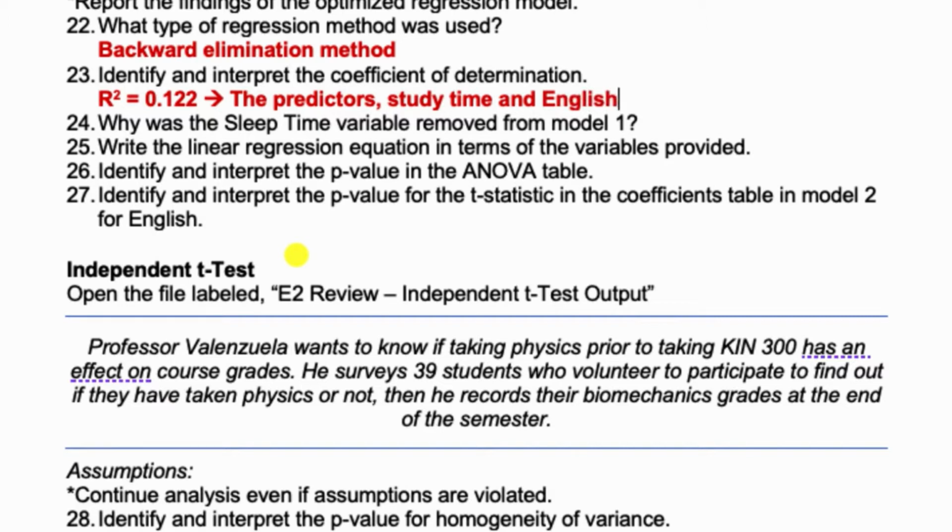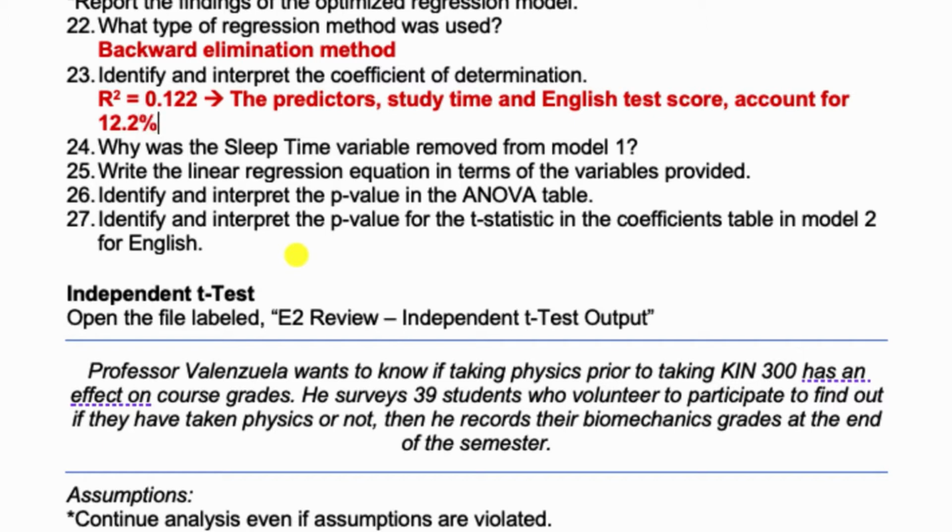I'll specify that this is the English test score because that's what the actual variable is. Those two independent variables account for 12.2% of the variation in writing test score, which is our dependent variable.